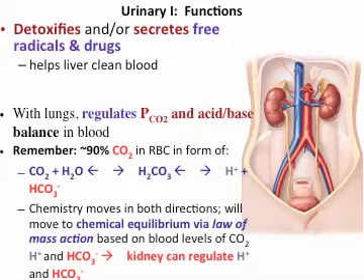So the way the kidney can regulate the carbonic acid bicarb equilibrium is by excreting or keeping free hydrogen ion, and also by excreting in the urine or keeping bicarb in the blood. We'll talk a lot more about how the kidneys do this regulation when we talk about acid base.